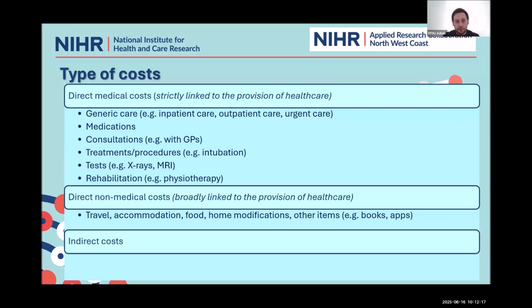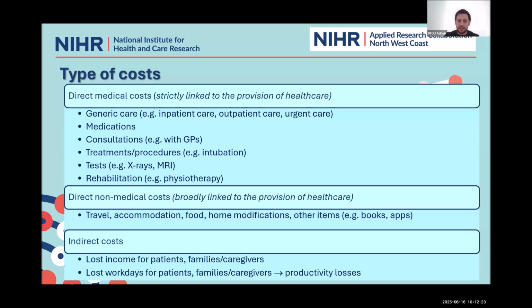And if we go a bit more widely, we can consider also some indirect costs, which are costs that might be incurred by the patients, for example, lost income. So if patients have to take some time off work, they might lose some salary. The same for their families and their caregivers, if they have to take some time off work to provide care for the patients.